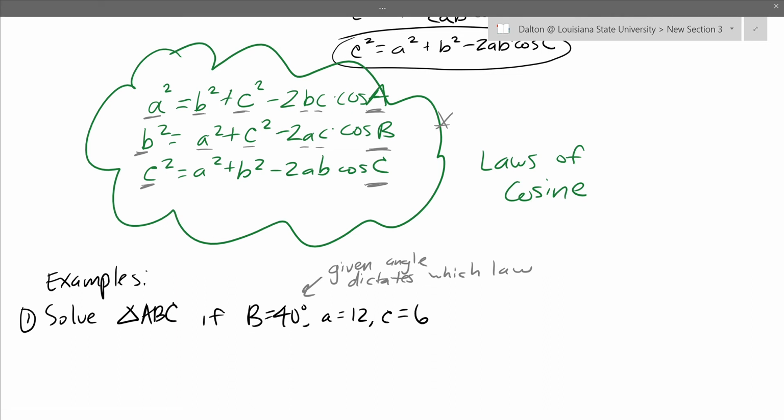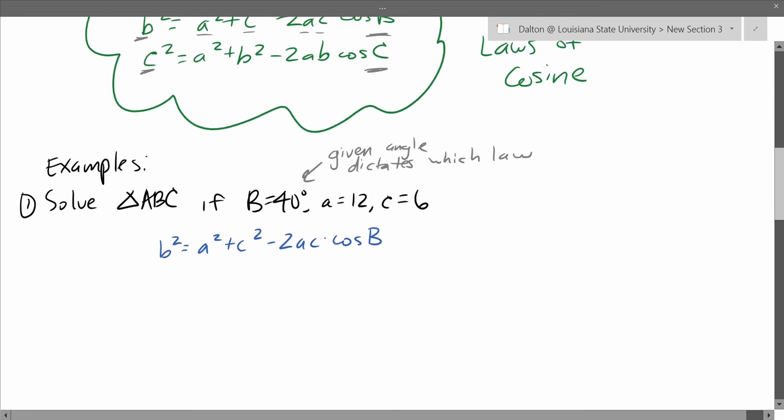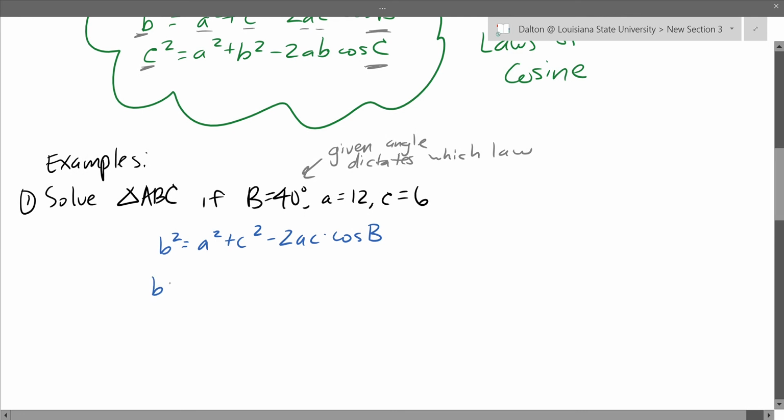Okay, so by the law of cosines, I'm going to use b squared is equal to a squared plus c squared minus 2ac times the cosine of b. And I'm going to substitute in what I know. I don't know b squared, so I'm going to leave that alone, equals a squared, that's 12 squared, plus c squared is 6 squared, minus 2 times 12 times 6 times the cosine of b.